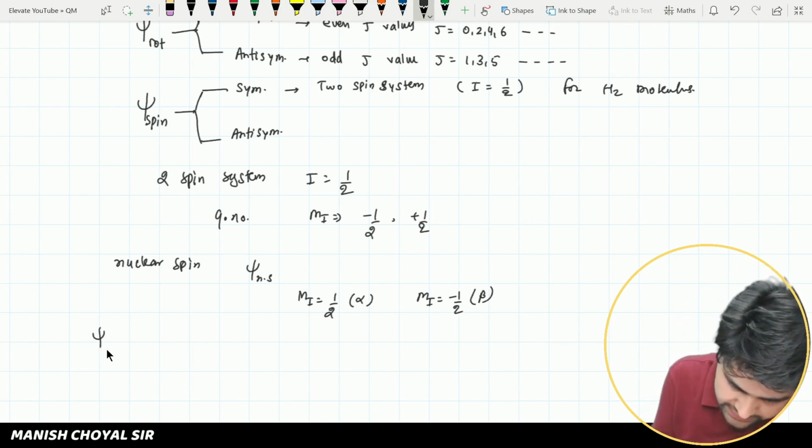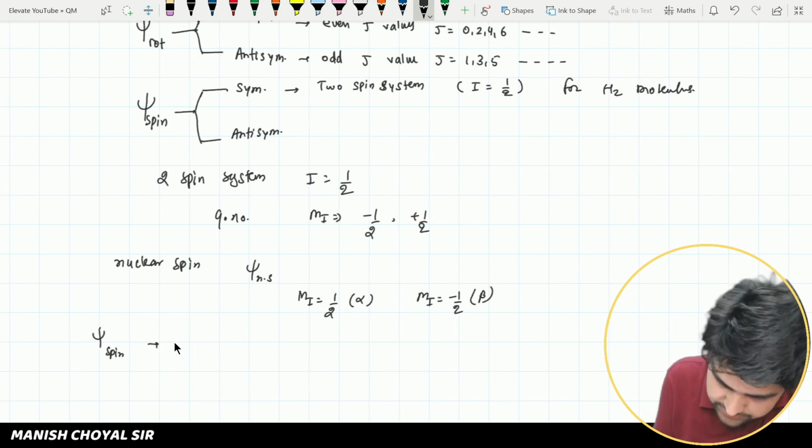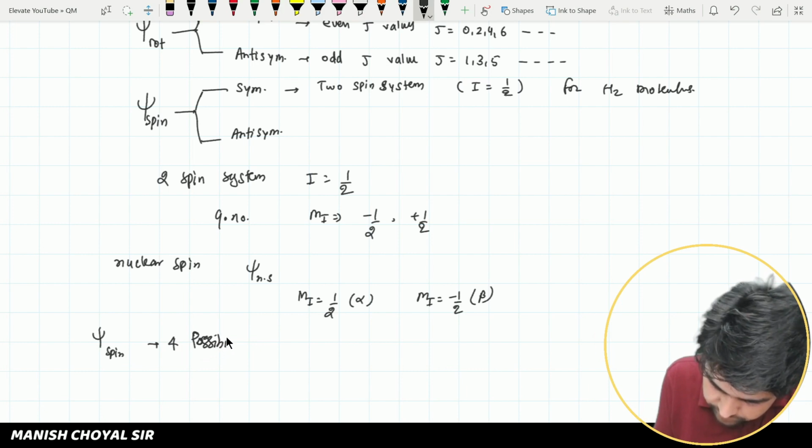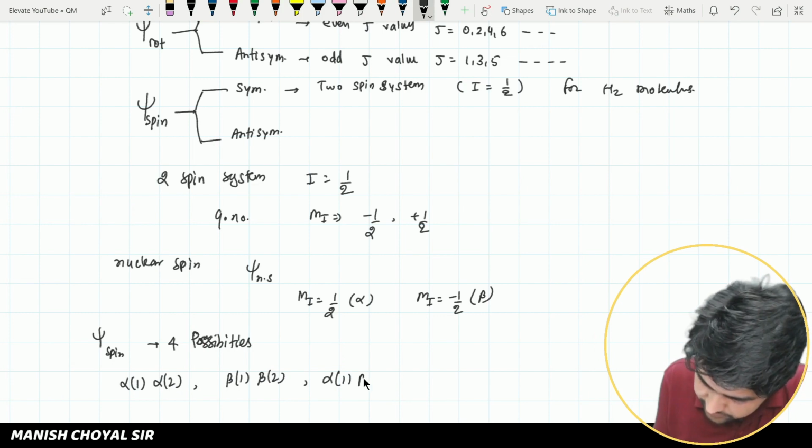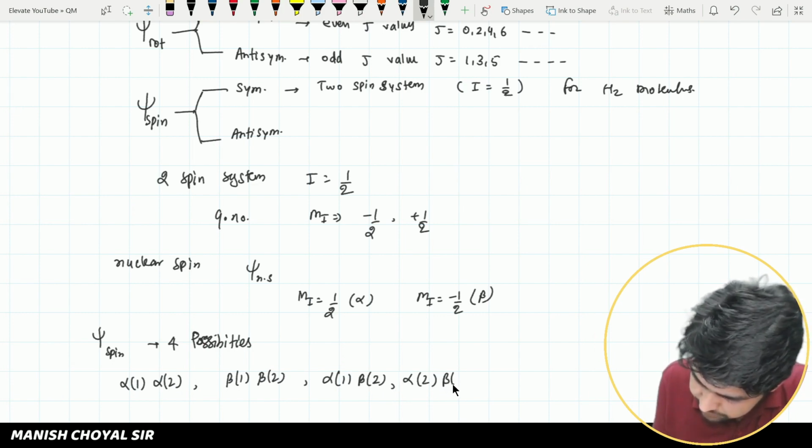So for nuclear spin we have four possibilities: alpha 1 alpha 2, beta 1 beta 2, alpha 1 beta 2, and alpha 2 beta 1.